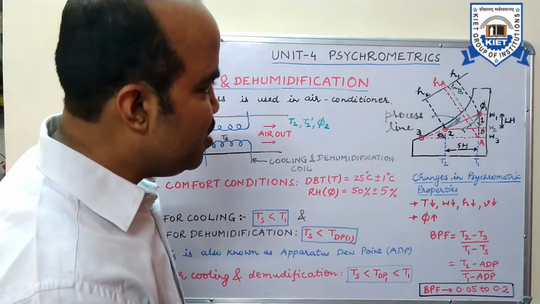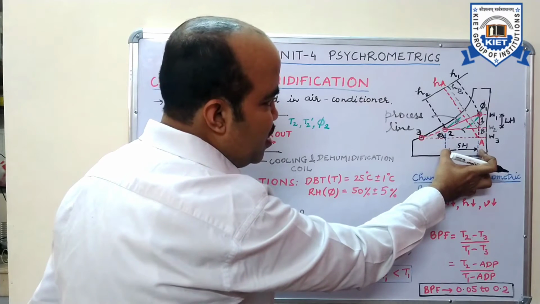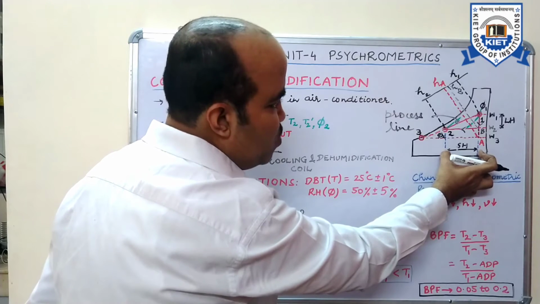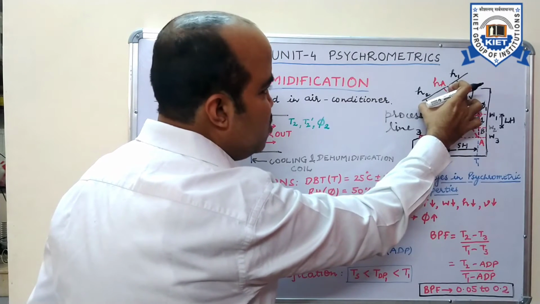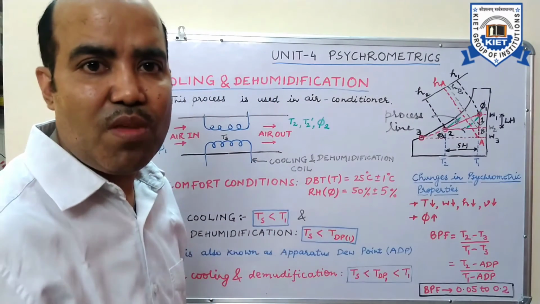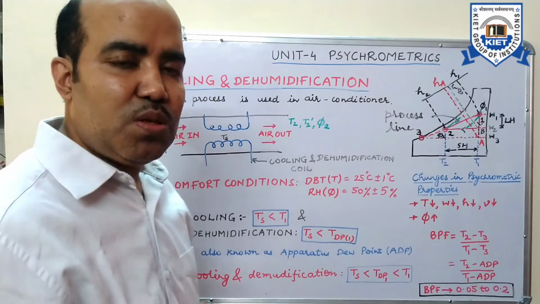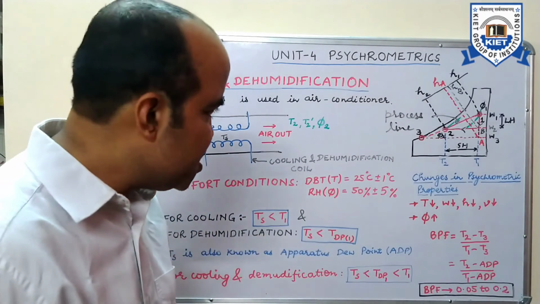Similarly, the removal of sensible heat will be from HB to H2. So this is the total heat removal in case of cooling and dehumidification.